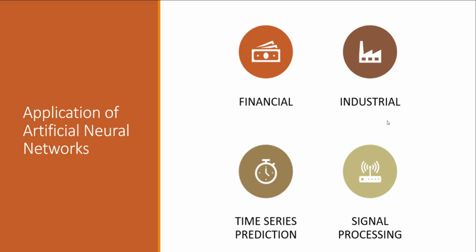Also in industrial, we are using it in manufacturing, process control, product design and analysis, quality inspection systems, and chemical product design and analysis. In the case of time series predictions, artificial neural networks are used to make predictions on stock prices. In signal processing, neural networks can be trained to process audio signals and filter. So with this we have completed the overview of artificial neural network.